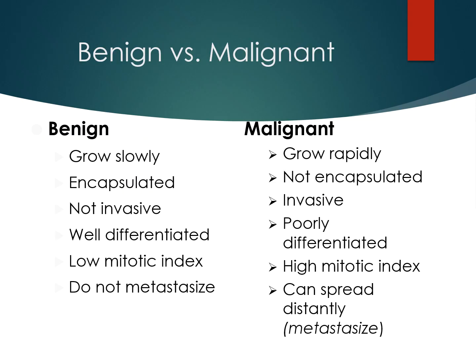This is very important. So I would write these out or print this out. Being able to differentiate between benign and malignant tumors. And we'll talk a little bit more about what exactly makes them benign, what makes them malignant.